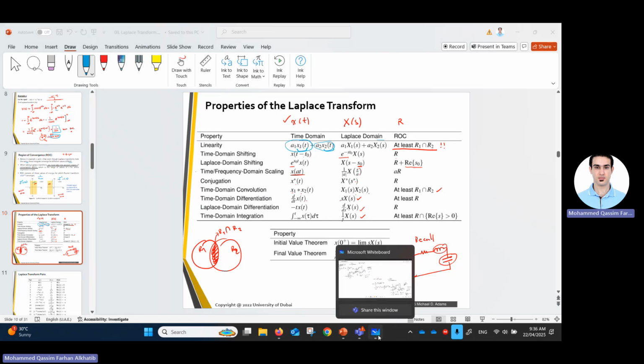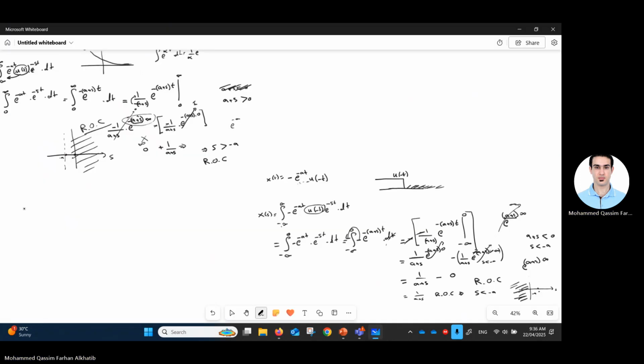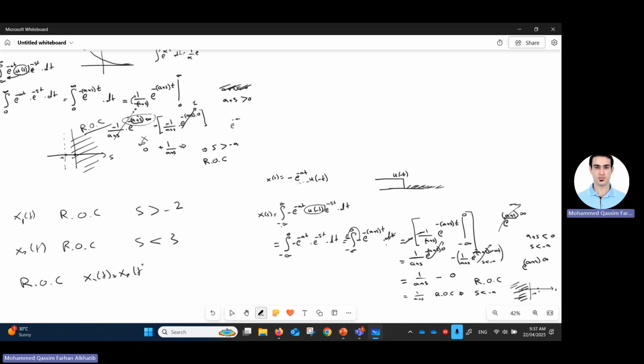Assume that I have x1 of t, the region of convergence is s larger than negative 2. And x2 of t, the region of convergence is s less than 3. So what will be the region of convergence of x1 of t plus x2 of t?